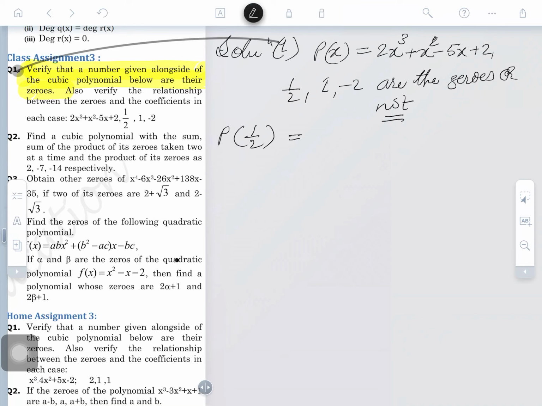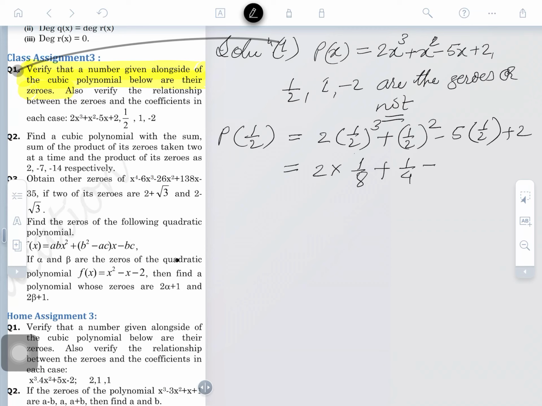Is that clear? So p of 1 by 2 is 2 into 1 by 2 whole to the power 3 plus 1 by 2 whole square minus 5 into 1 by 2 plus 2. Further, 2 times 3 times together gives 8, 2 times together gives 4, and 5 by 2 plus 2. Is that clear right now?